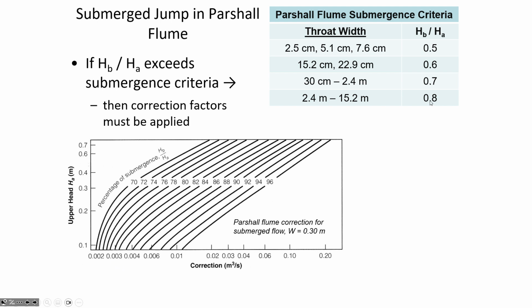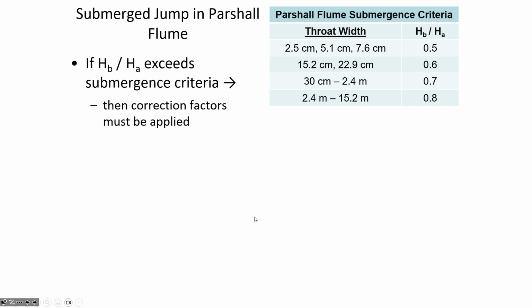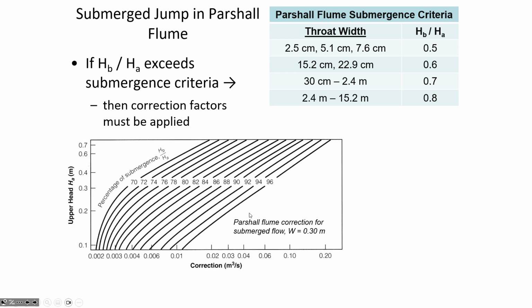If you do have to apply a correction factor, you first find the base free flow Q value, and then you go to a figure like this, which is given for a certain throat width. We have a variety of equations depending on what the throat width is. Sometimes these nomographs are available for the exact throat width that you've got. Other times you have to extrapolate to the throat width that you're working with.